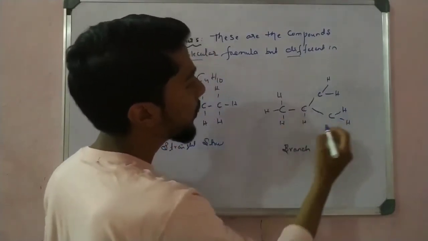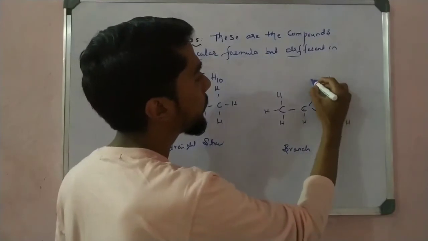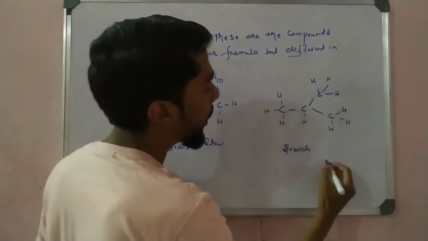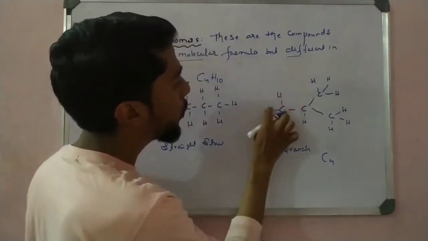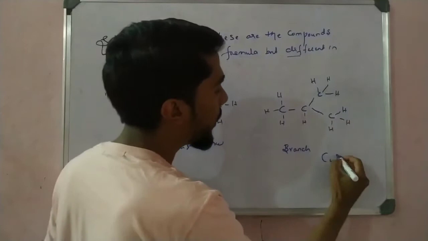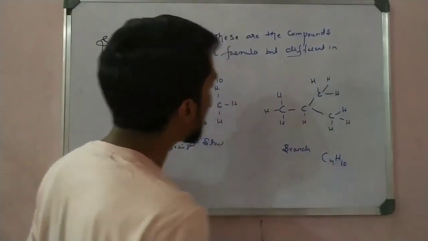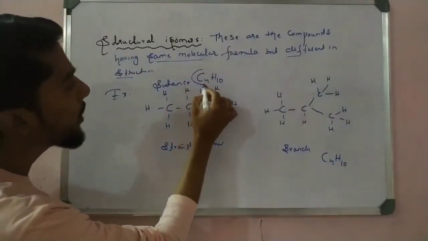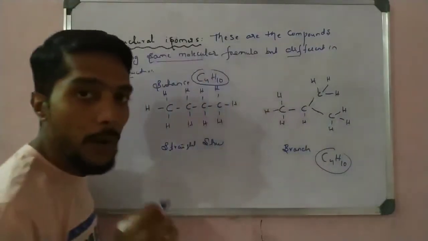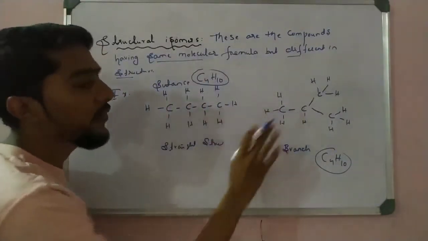Now count here: carbon 1, 2, 3, 4, and hydrogen 1, 2, 3, 4, 5, 6, 7, 8, 9, 10. The hydrogen is 10. See here, the molecular formula is the same. Here also C4H10, and here also C4H10. But we observe that the structure is different.